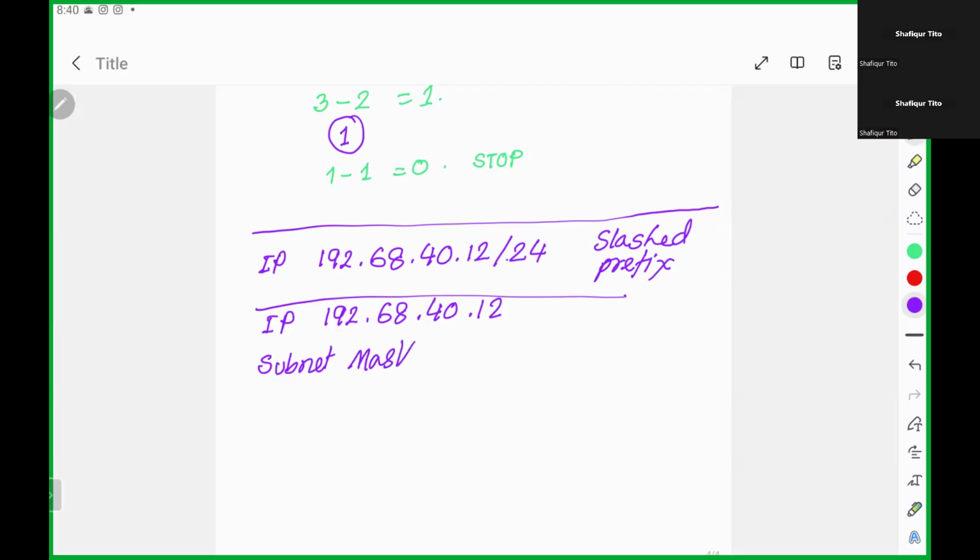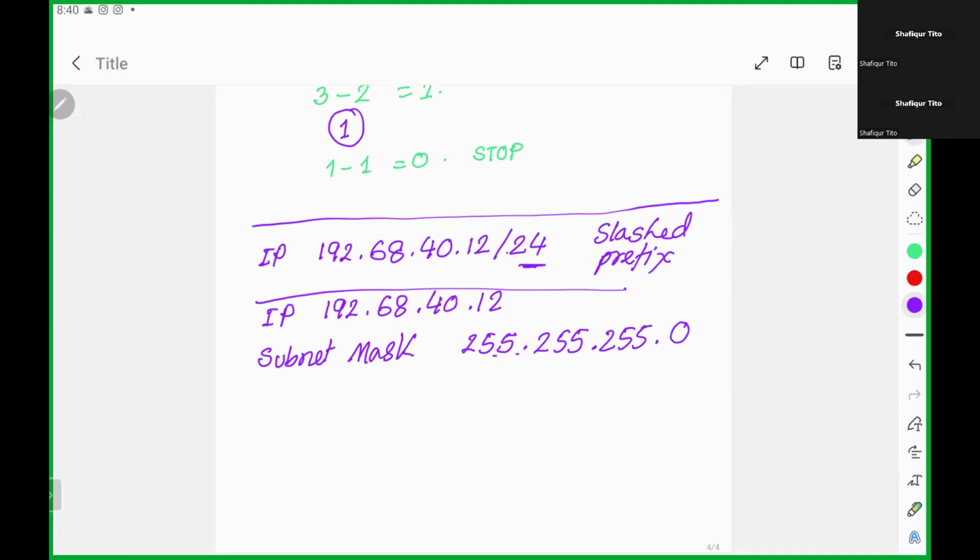So that completes our information about the IP address. I can write the same 24 bits as 255.255.255. So all bits are 1. That makes 255. All 8 bits are 1. And then the last 8 bits are 0.